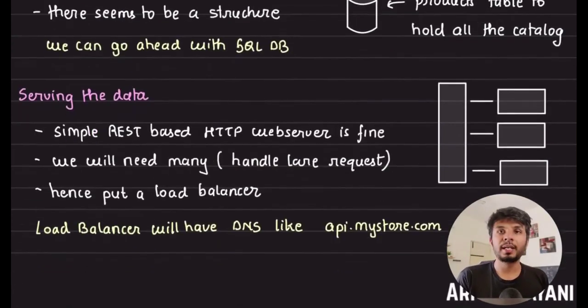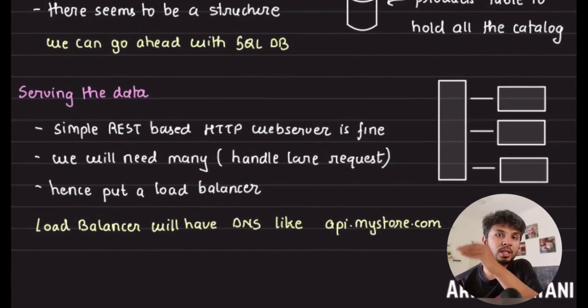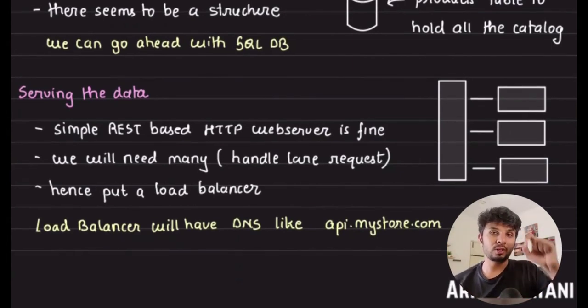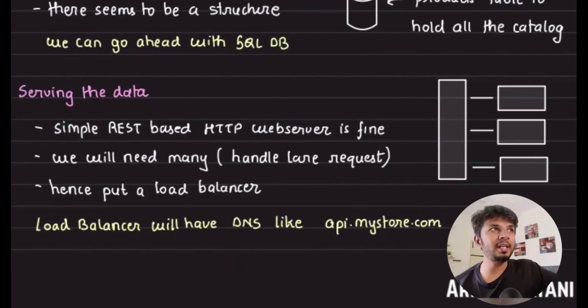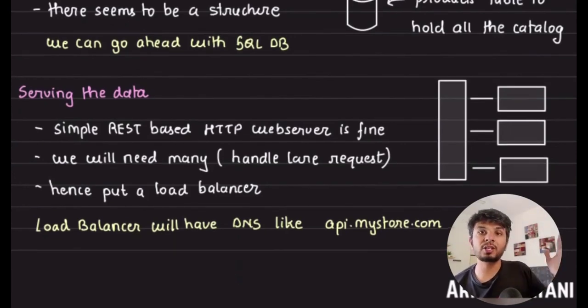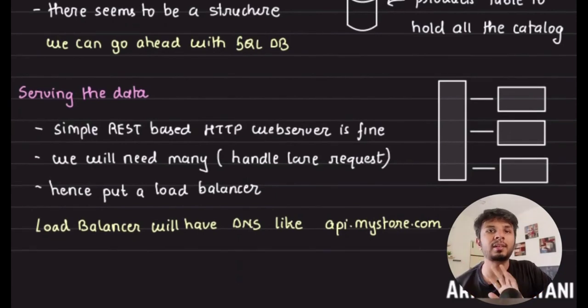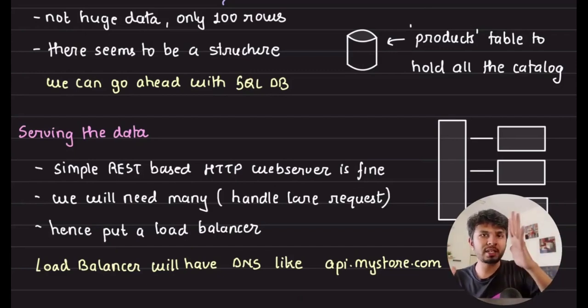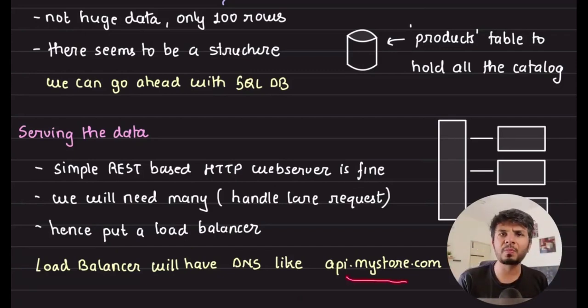So what we do is we have multiple servers. As soon as we have multiple API servers, we have to put them behind a load balancer, because the load balancer would become the single point of entry that every single client talks to, and it would balance the load between these servers. Now the load balancer would have a domain name so that everyone just talks to this one. Let's say it's called api.mystore.com.